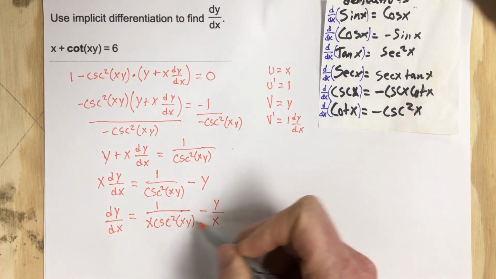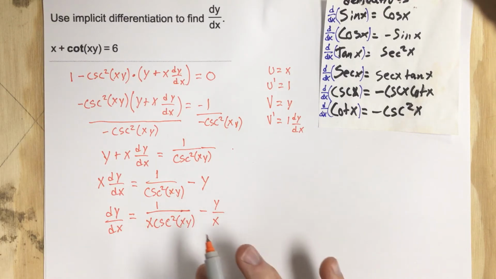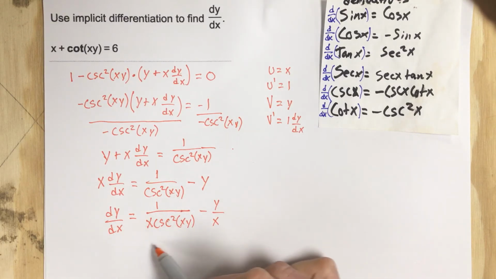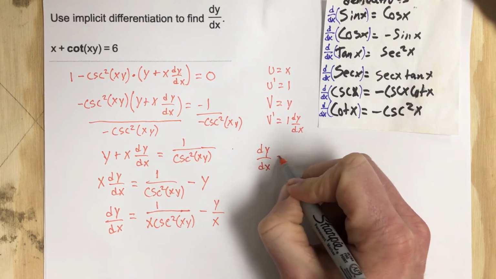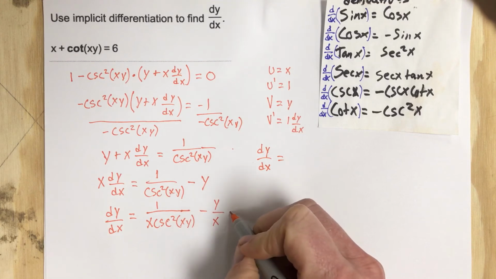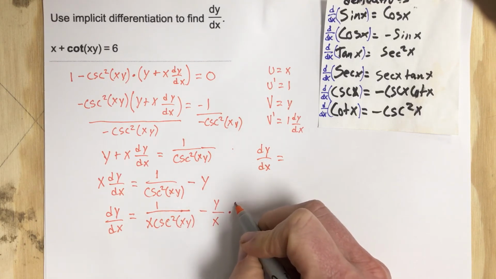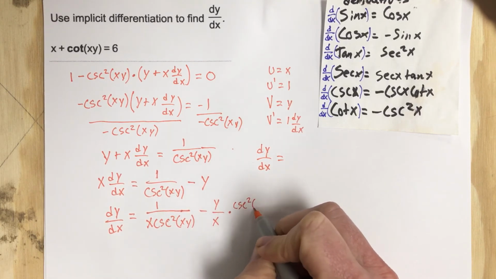Now I can combine these two things together. Technically I'm done, but I could simplify this a little bit more. So let's go ahead and do that. That's dy over dx. I'm going to multiply this piece by cosecant squared xy.